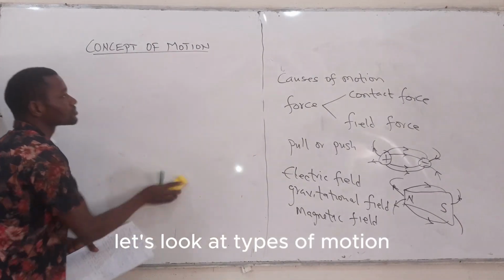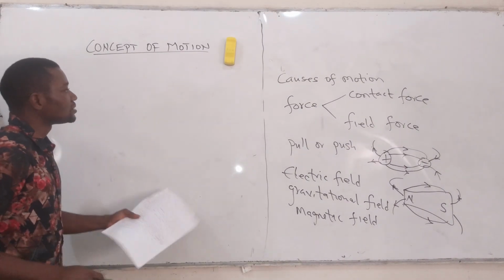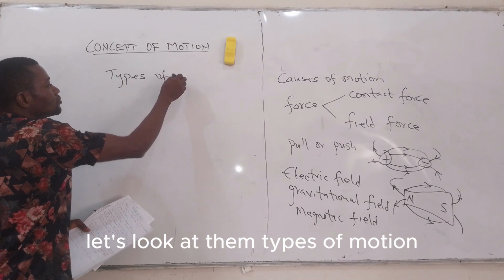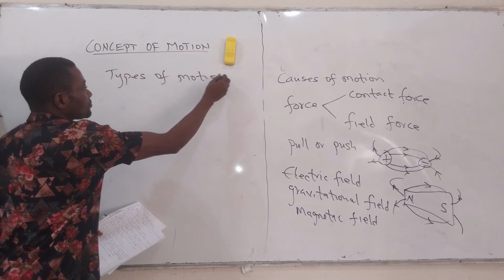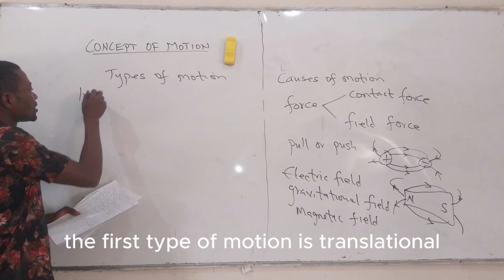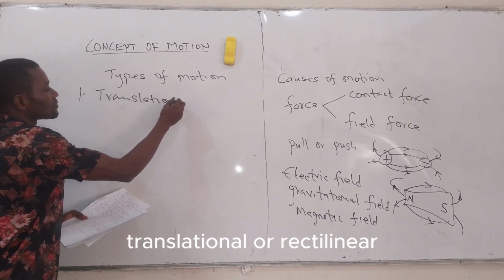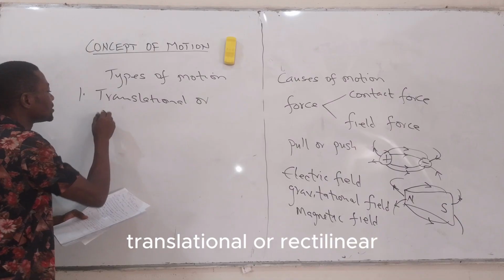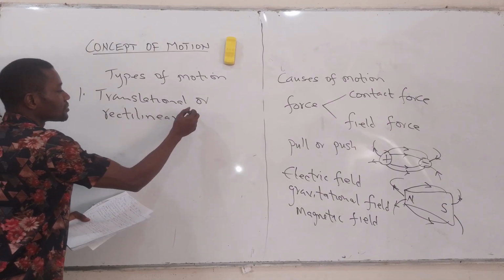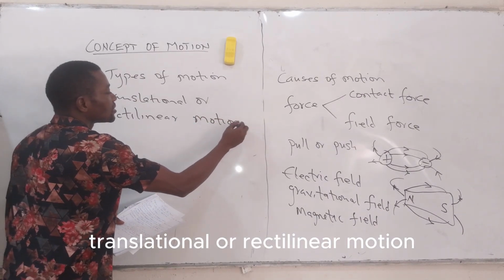Let's look at types of motion. We have different types of motion. The first type of motion is translational or rectilinear motion.